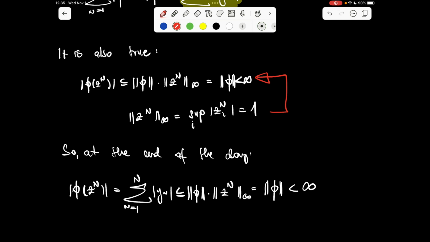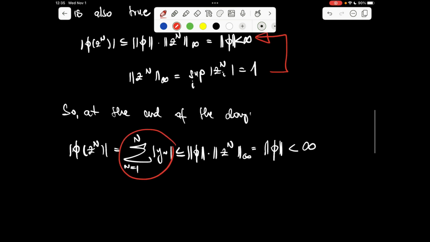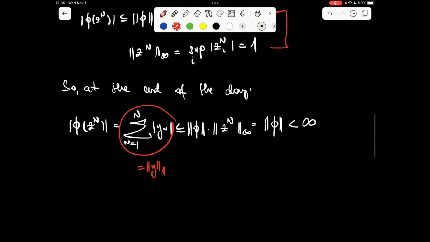And please note that this is the norm of the sequence in this norm. Okay, so y is bounded.